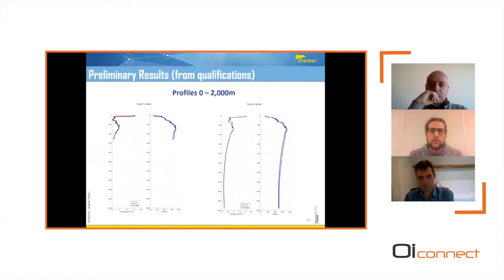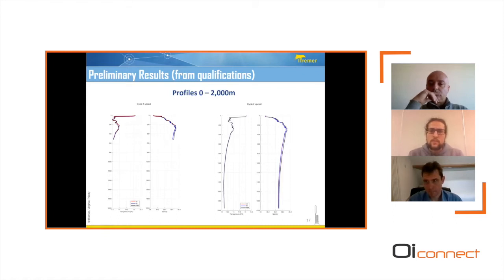That's an example of what kind of data we acquired during the qualifications. So we did 5 cycles. The float did 5 cycles, and 3 of them reached 2,000 meters deep. That was enough for us to validate the technical aspects, and we were already able to see a slight difference between the salinity measurements from the RBR CTD and the Seabird CTD.